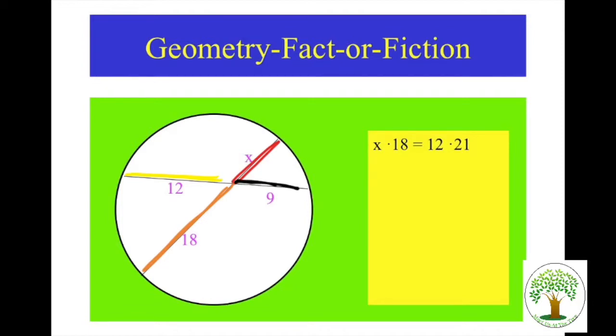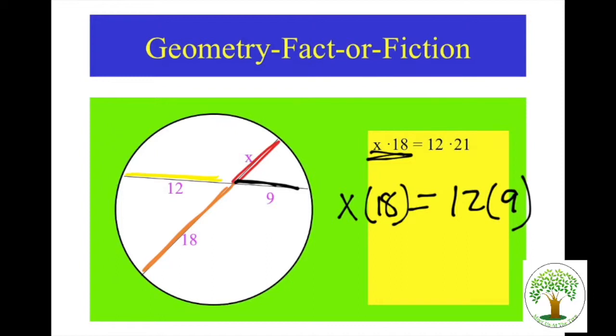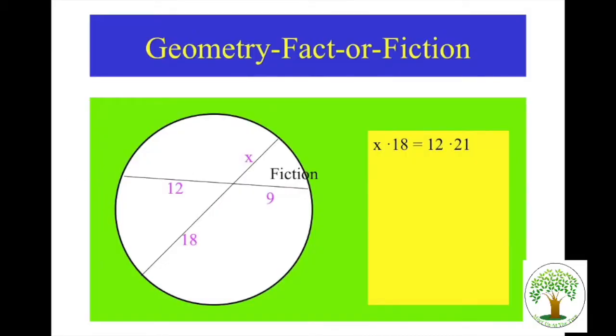So it should say x times 18, which is true, should equal 12 times 9. Not 21. 21 would be 12 plus 9, or the whole. So this was fiction. It should have been x times 18 equals 12 times 9.